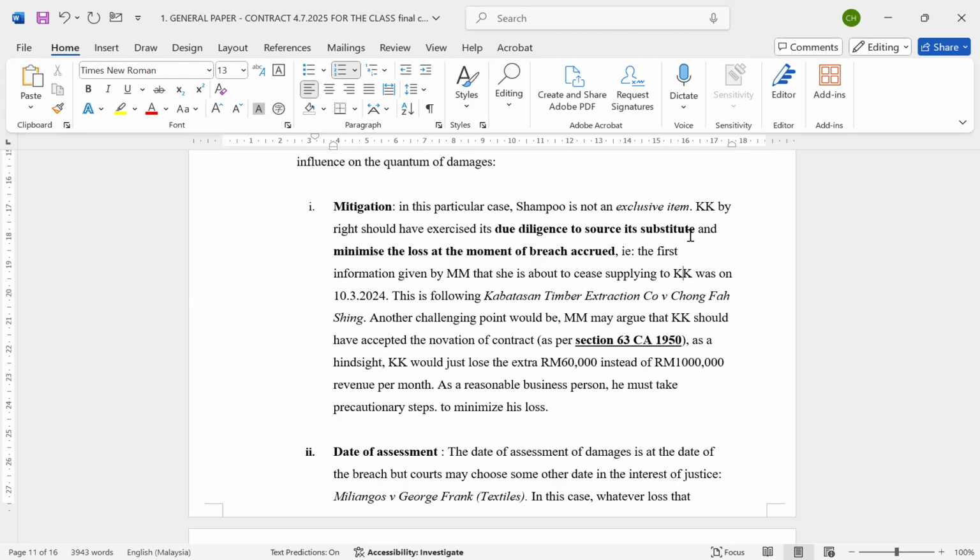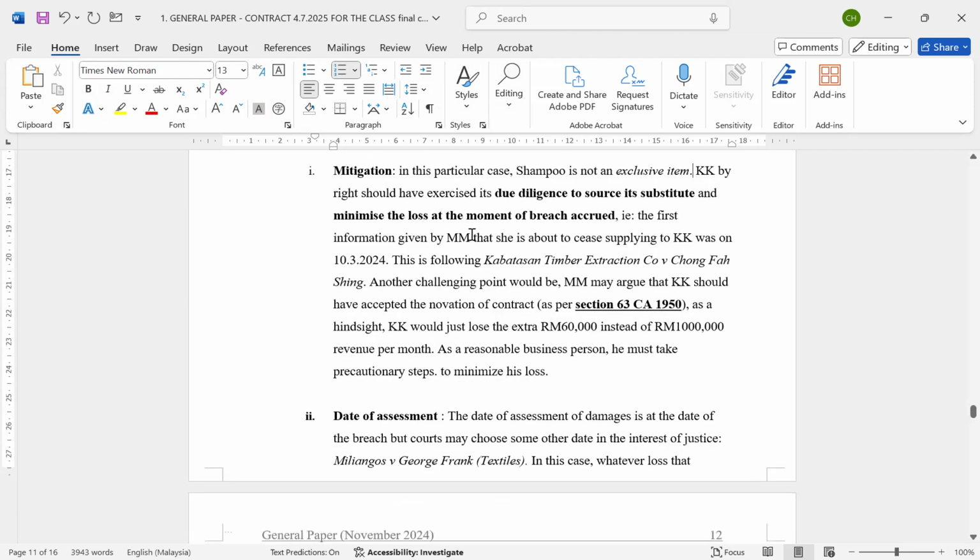Okay, so as the first information, we don't say notice, because later we are going to say there's no notice. The first information that MM conveyed to him the intention to cease supply was actually on 10th of March 2024, isn't it? So you must estimate what is the opponent's counter movement.